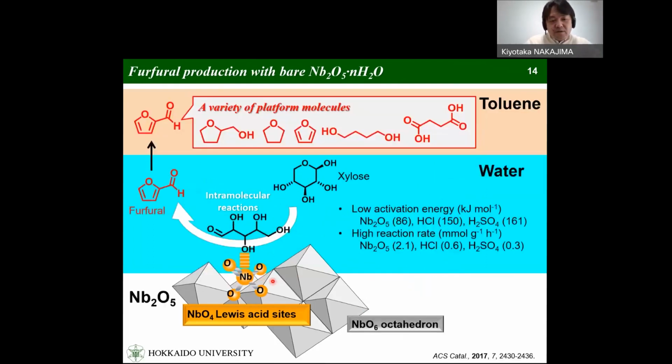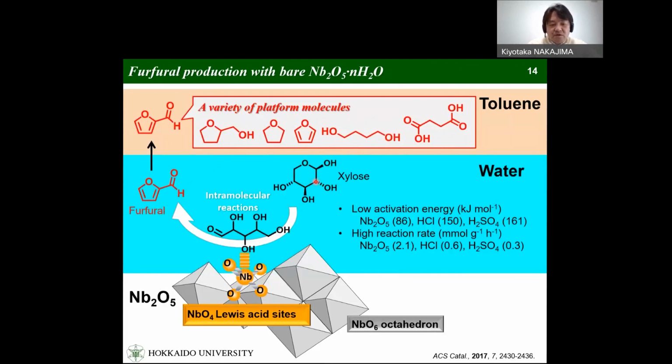And we examined another sugar, xylose, obtained from hemicellulose, to obtain furfural. This furfural is very attractive for the production of furfuryl alcohol, furan, and also butanediol and succinic acid.